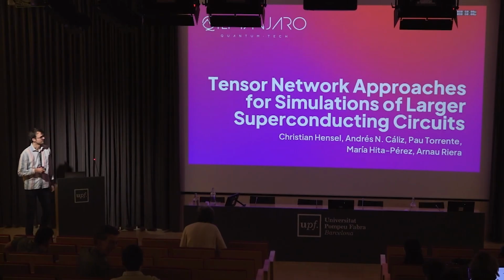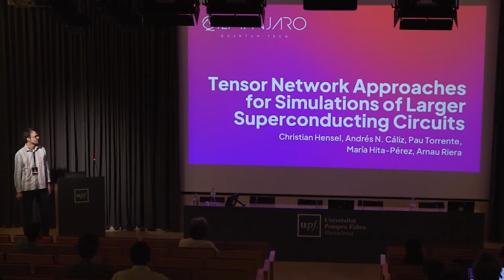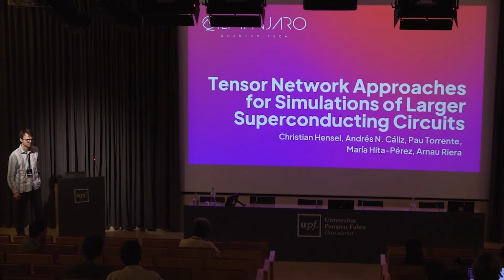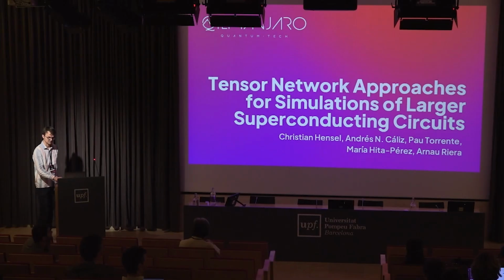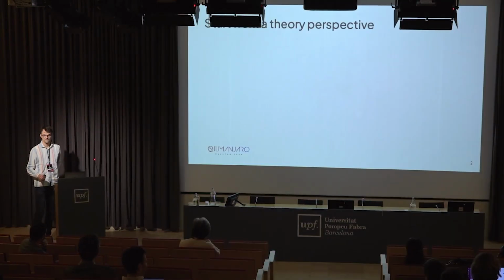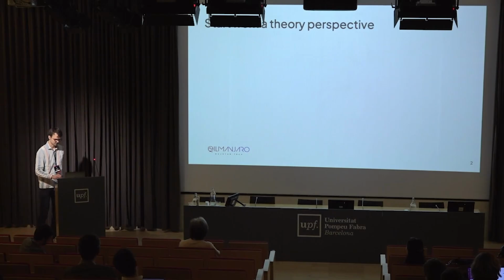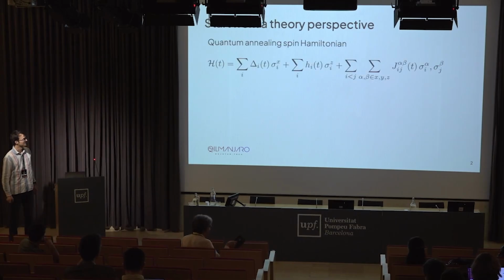So my talk is going to be about tensor network approaches to simulations of larger superconducting circuits, and this is a hardware-focused talk, but because most people here, I guess, are theorists, I just want to hook you with a spin Hamiltonian.